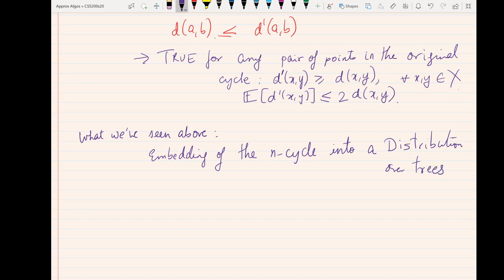In other words, this is also represented as n cycle embedding into tree, or rather, more specifically, it's the metric. So what you're looking to preserve is the pairwise distances between points. And we are preserving it in this expected sense.